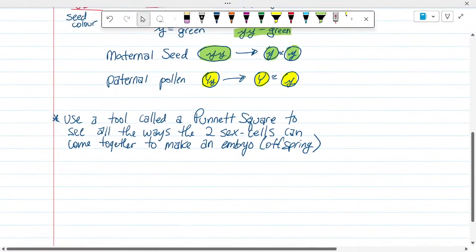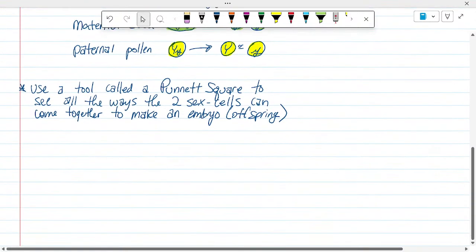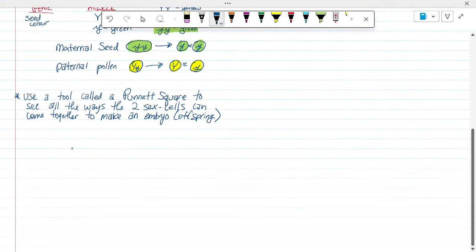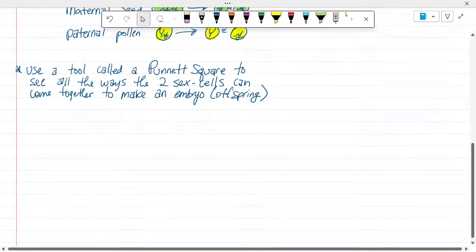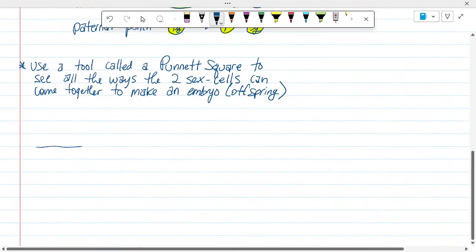So how do we draw that? A Punnett square is just what it sounds like. It's a square. And specifically, it's a square with 4 spaces inside. Boy, that is not very squarish. I can't handle that. Why wouldn't it default to being straight? This is a question.